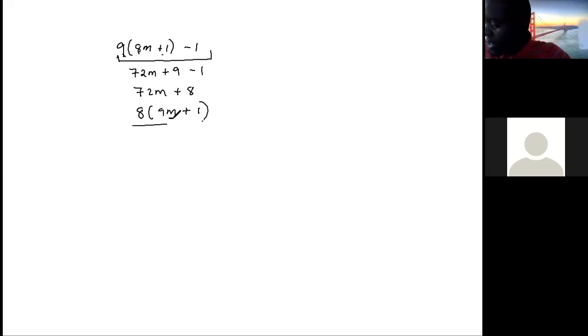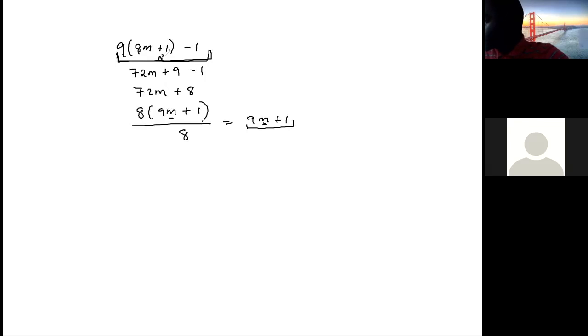So if we divide this by 8, we get 9m plus 1, which is a whole number, meaning it is divisible by 8. And it came from the statement 9 to the n minus 1. So that's the relationship.